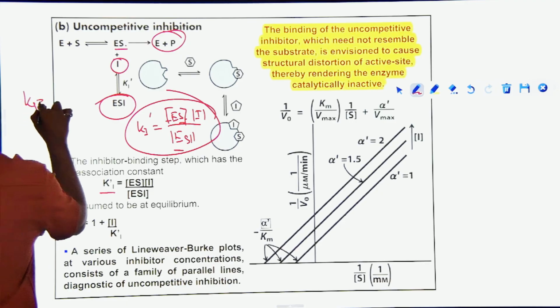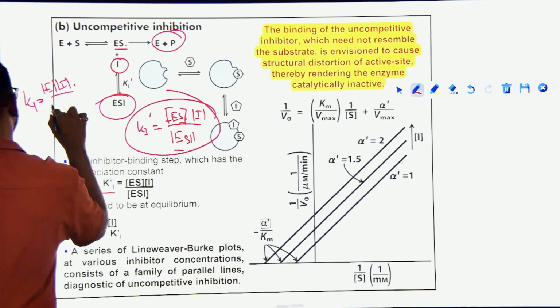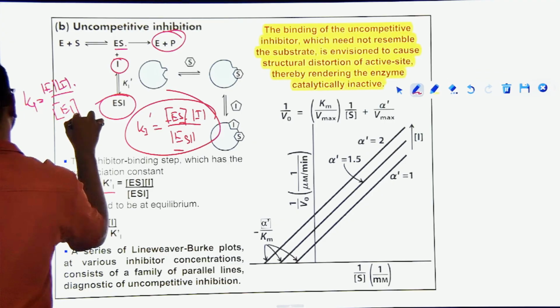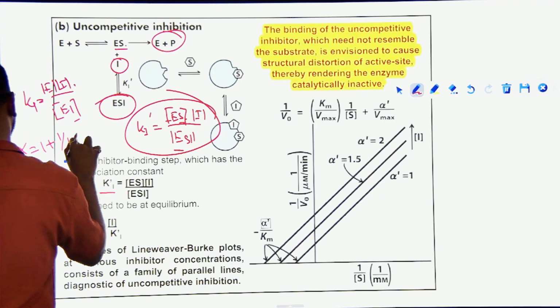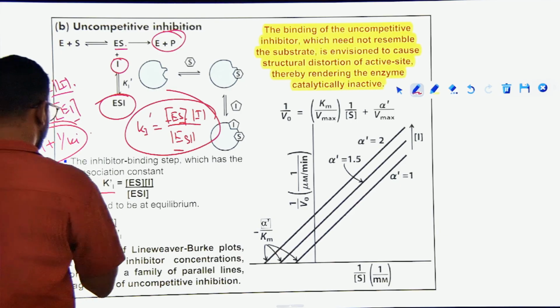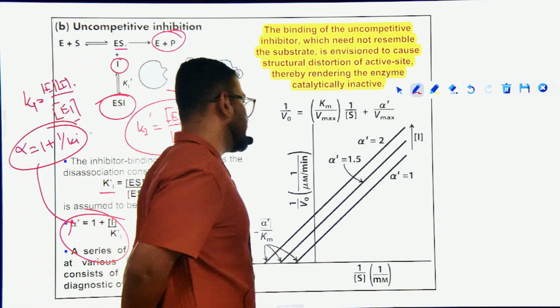For competitive inhibition, Ki should be E into I divided by EI. But alpha is 1 plus I by Ki. Here also alpha equals 1 plus I by Ki.